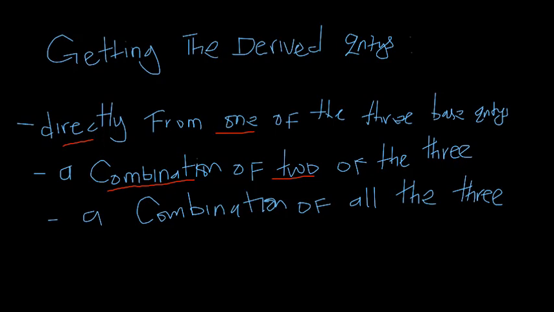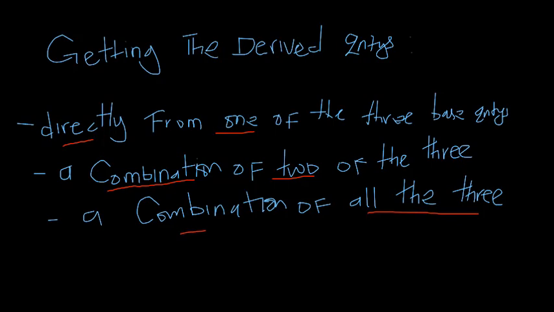Maybe you can just have a combination of mass and length, or a combination of time and length, or a combination of time and mass. So that could also be one way of deriving the derived physical quantities. And lastly, it can be a combination of all the three fundamental physical quantities.